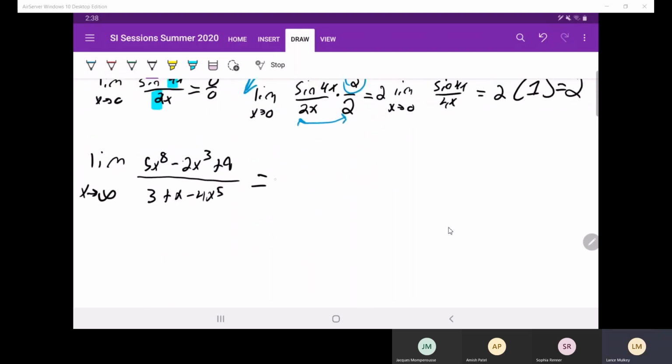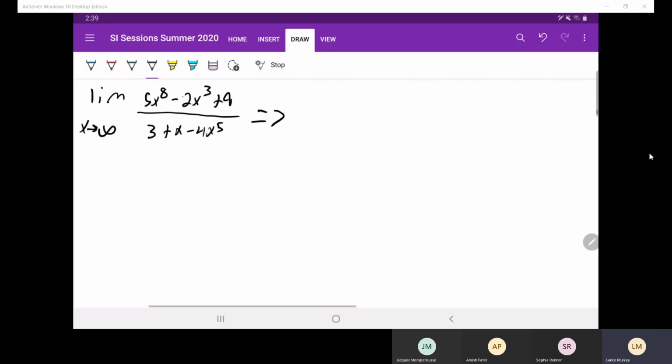So what can we do here to start solving the problem? Yep, divide by the highest power on the denominator for all of it. So I like to look at it like this.